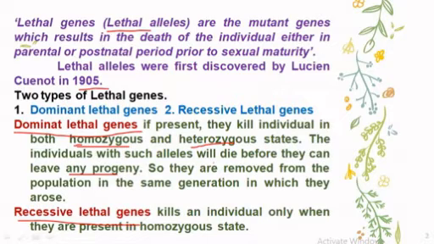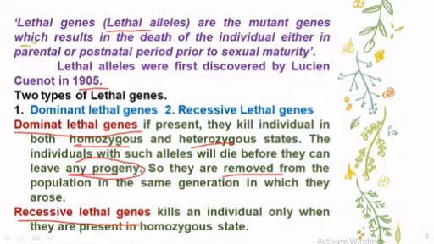Such individuals die before they can leave any progeny, meaning they cannot reproduce. They are removed from the population in the same generation in which they arose, and they cannot proceed to the next generation. So this is called dominant lethal genes.